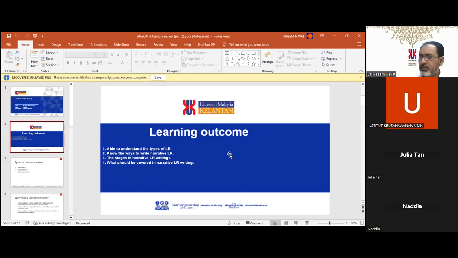We focus mostly on the narrative literature review because the other types are quite distinct, with a different purpose and different methods for writing. So here we focus on the narrative literature review, its stages, and what should be covered while we are writing or documenting it.